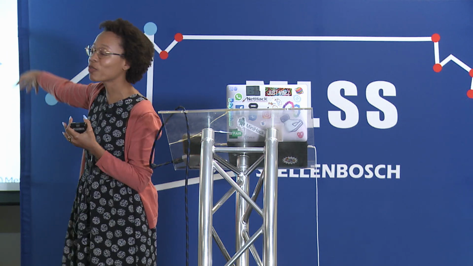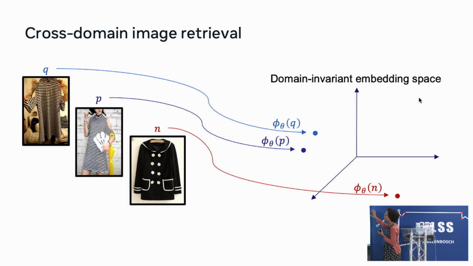Okay, so this should look super familiar. I showed a very similar slide yesterday, right? As I mentioned yesterday, a lot of self-supervised learning approaches can be considered metric learning approaches, and you see that here because we're going to take basically the same approach. We want to learn an embedding function phi, parameterized by theta, where at training time I give it a triplet, right?